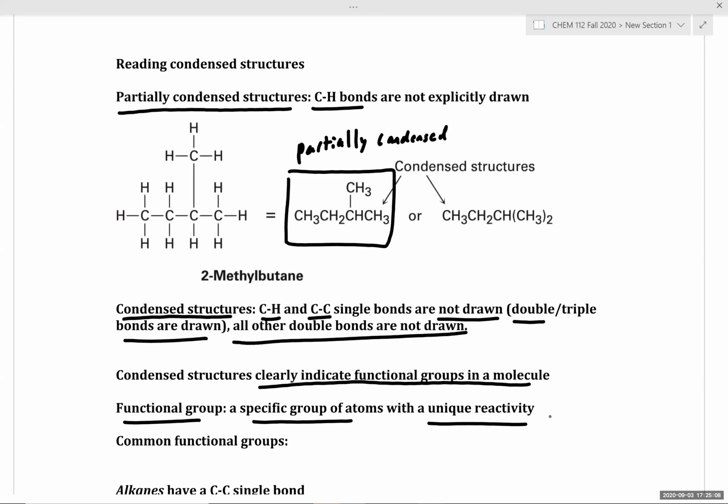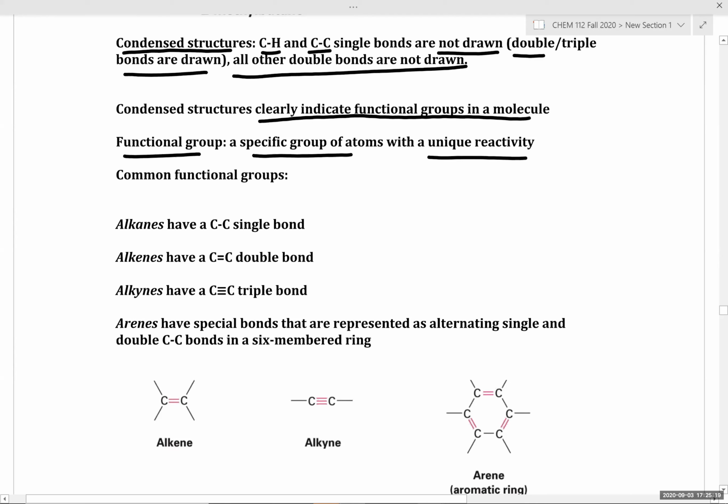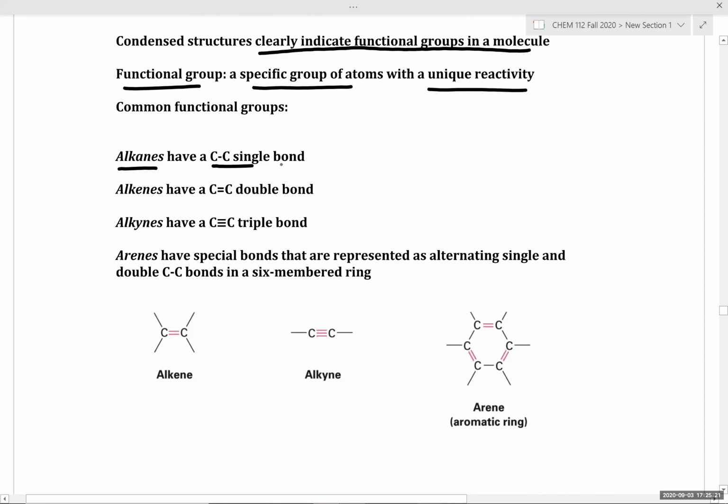So now that we've seen what condensed structures are, we'll unpack how we write them and how we draw structures from condensed structures. Alkanes are just carbon-carbon single bond containing structures. Alkenes have a carbon-carbon double bond, and alkynes have a carbon-carbon triple bond.